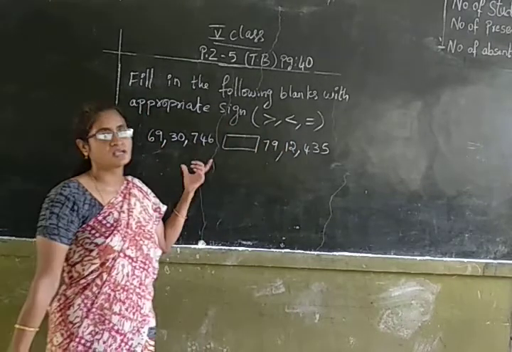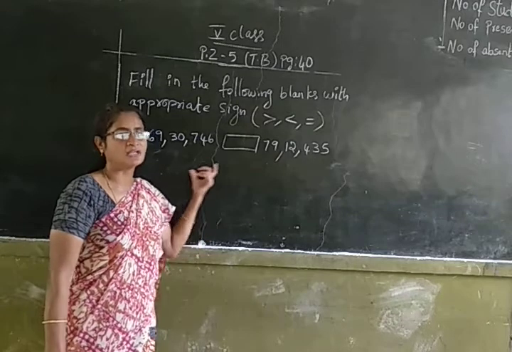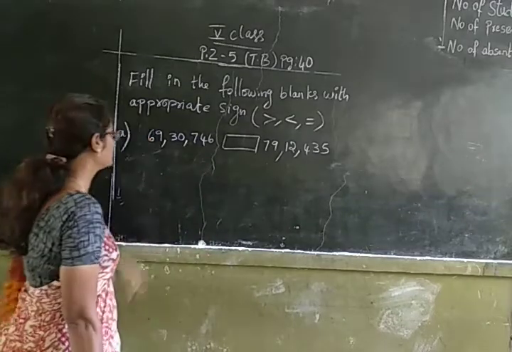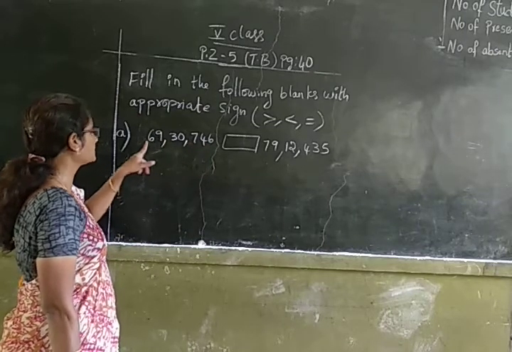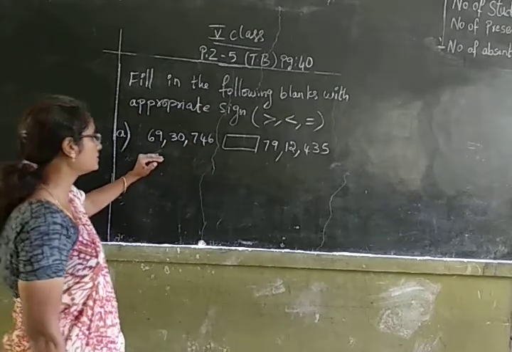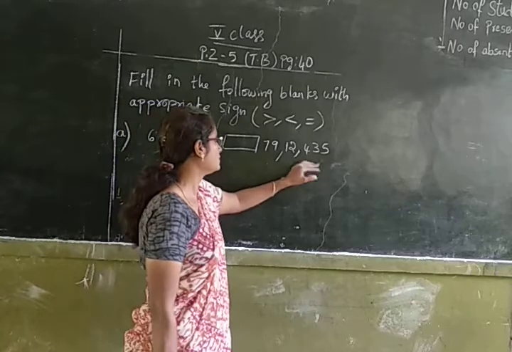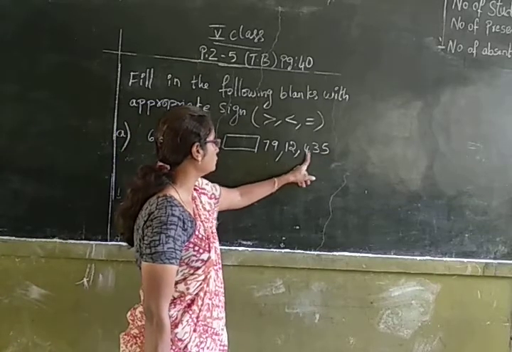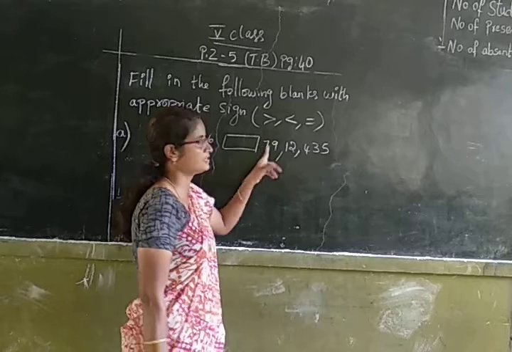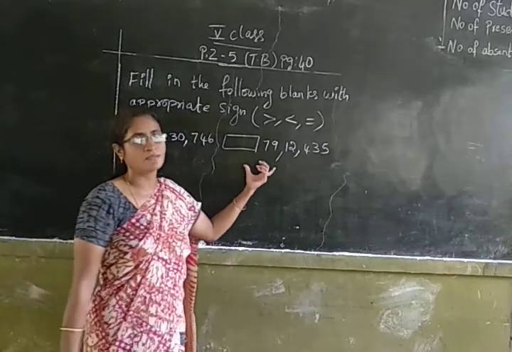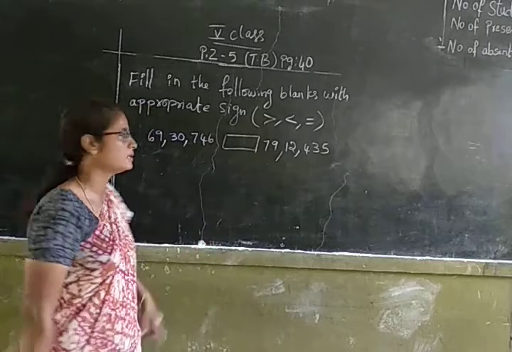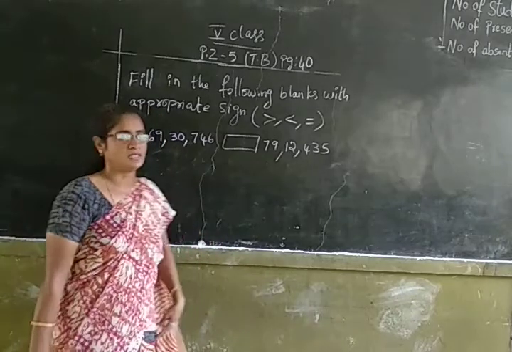Okay. First let us check whether both the numbers are having same number of digits. 1, 2, 3, 4, 5, 6, 7. This is a 7-digit number. Let us see this one. 1, 2, 3, 4, 5, 6, 7. Both are same. Both the numbers are having same number of digits. So let us compare the numbers from their highest place.